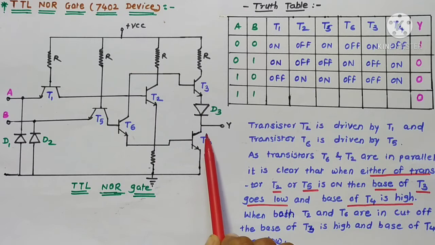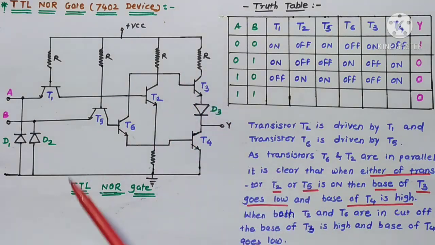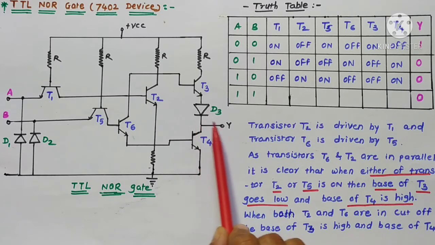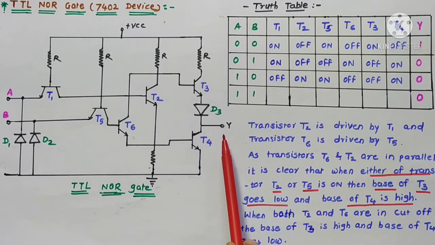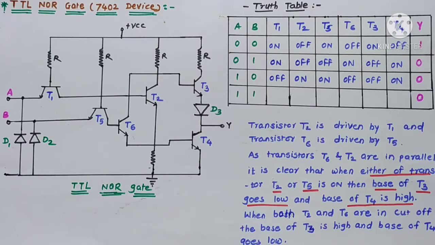Thus, if the transistor T4 switches on and transistor T3 switches off, we'll get Y output equal to 0 because when transistor T4 switches on, its collector goes to low or ground. Is that clear students? In this way, this is the working of TTL NOR gate.